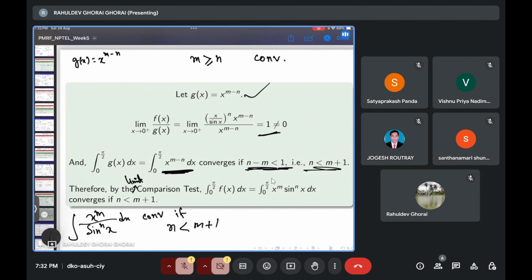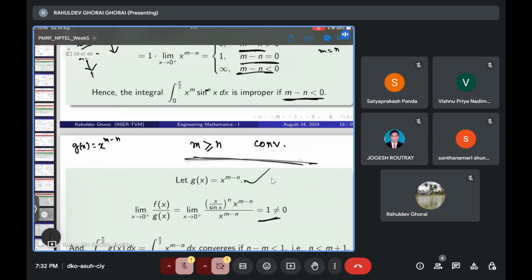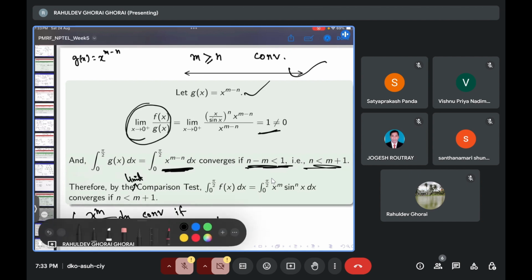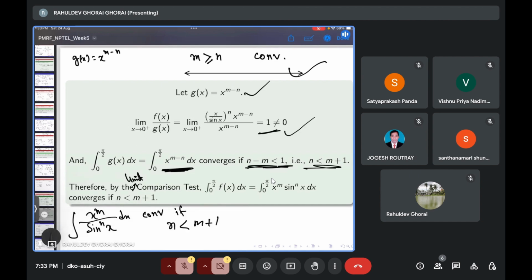It can happen that at some point it will be convergent. When m is greater than or equal to n, it is always convergent. That is fine. When m is strictly less than n, the integral is improper, but we don't know whether it is convergent or not. So that's why we take g(x) as x to the power m minus n, and we use the limit comparison test like we did before, and we find the limit is 1.